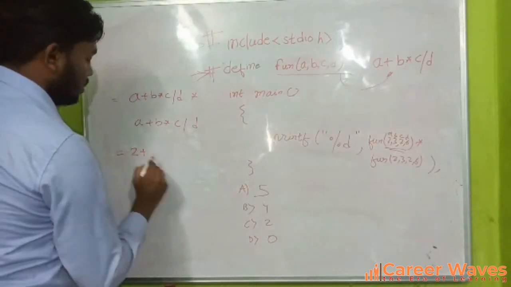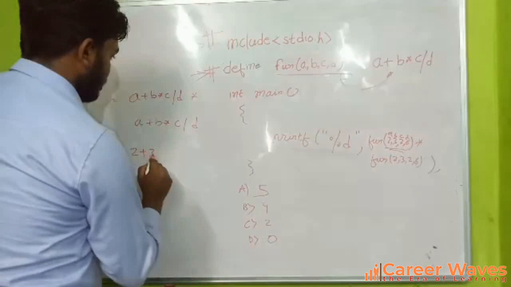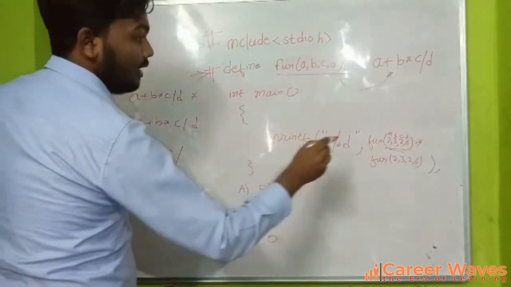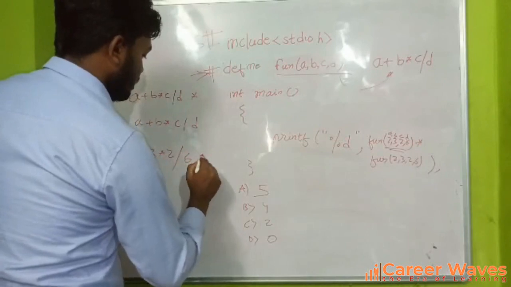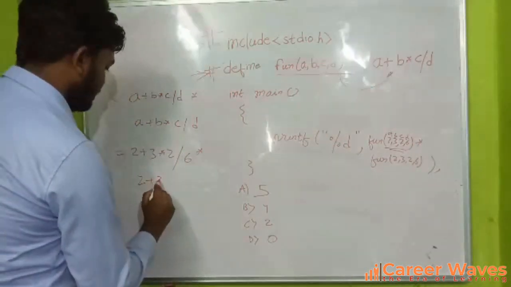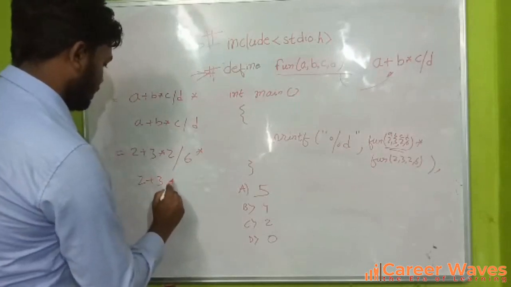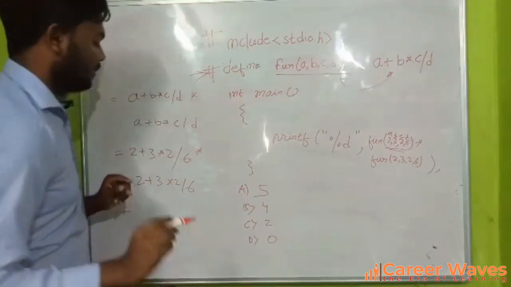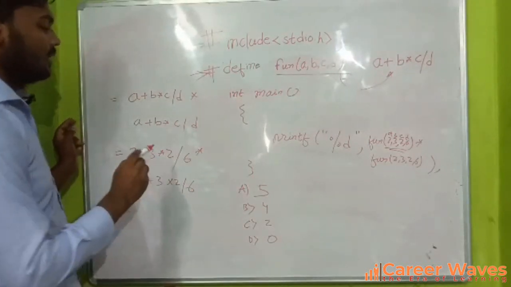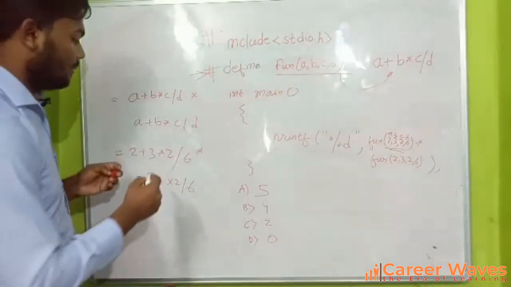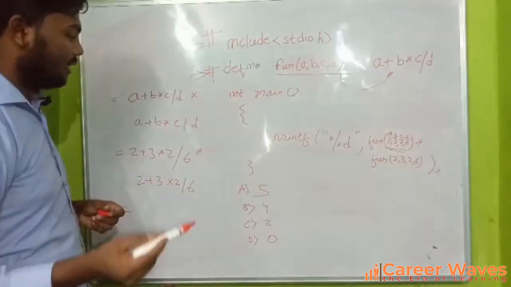A is 2, B is 3, C is 2, and D is 6. We know that the precedence for multiplication and division is higher than that of addition, so we have to solve that multiplication and division.